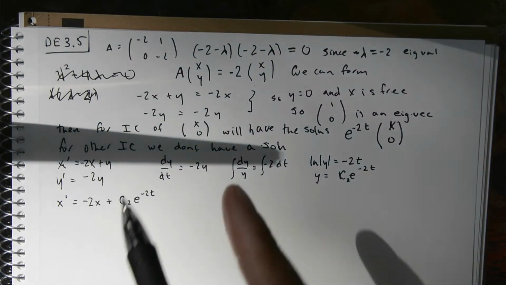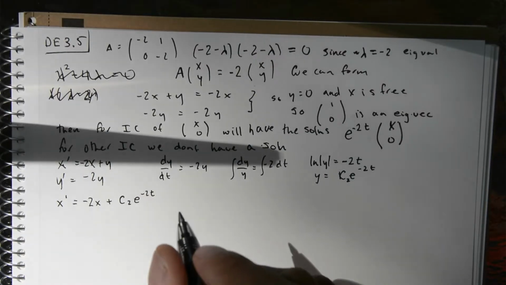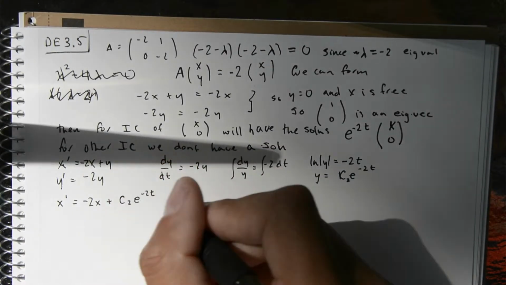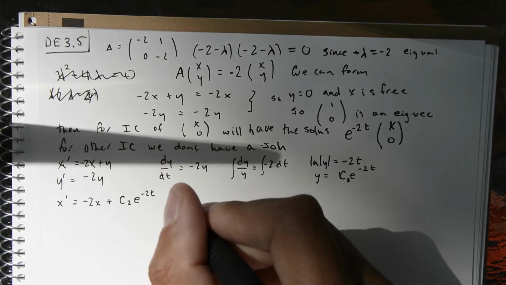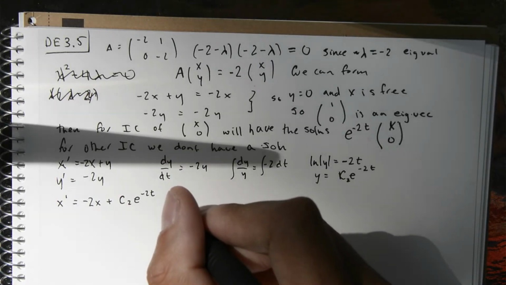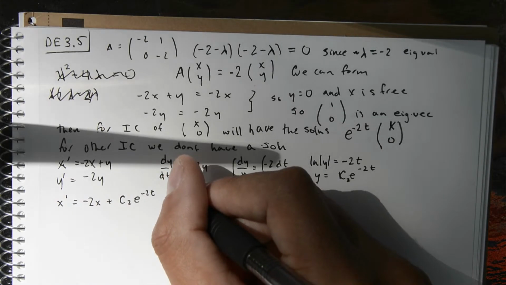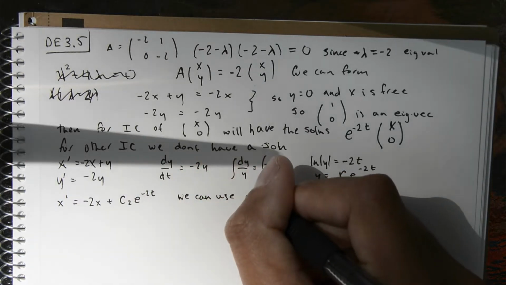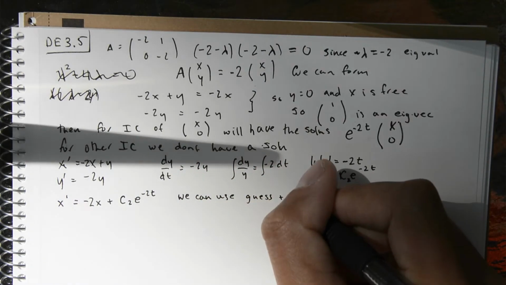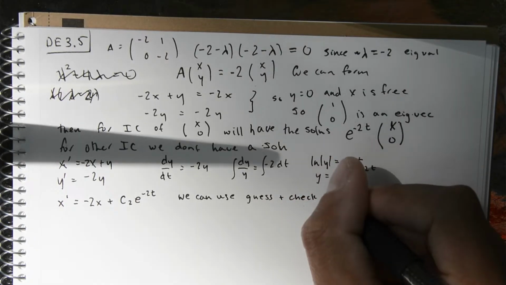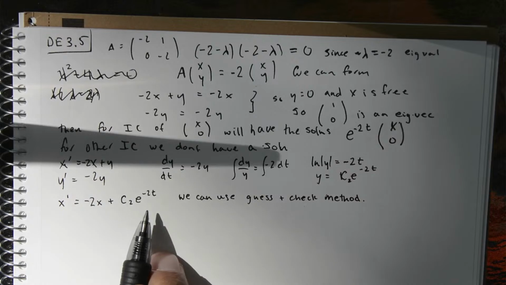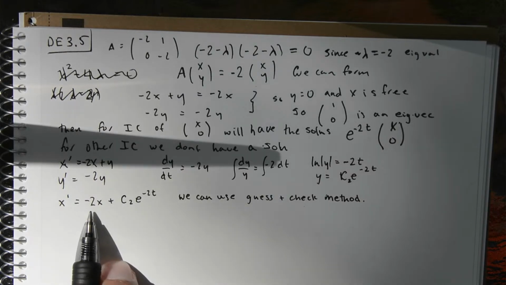All right, so we're trying to find the general solution to this, and this is from a past chapter, but I need to remember how to do this. So we can use the guess and check method. And we'll do the bad guess because see how this is minus 2 and this is also minus 2?